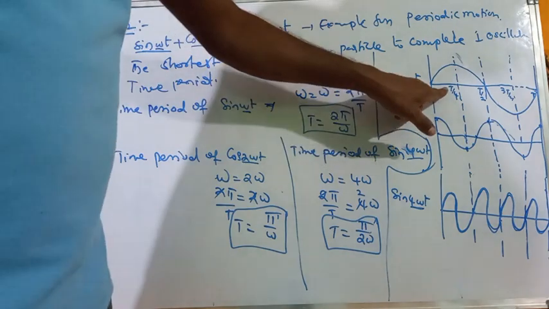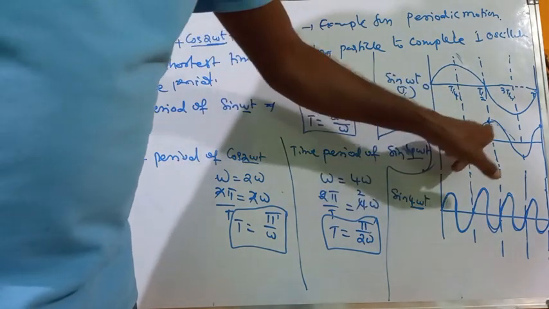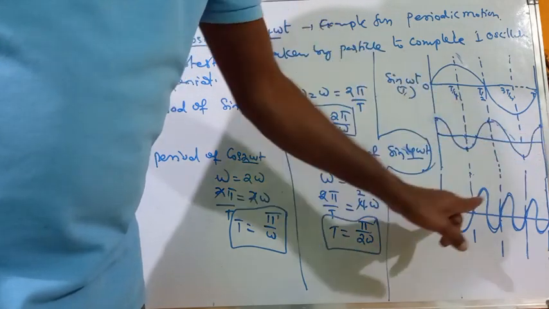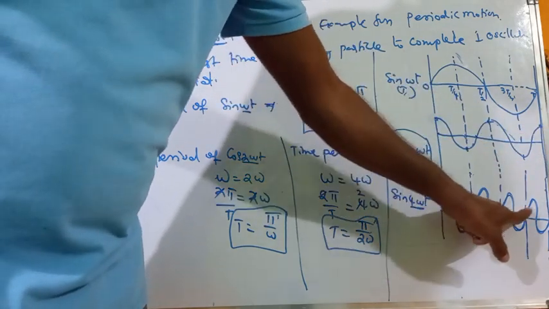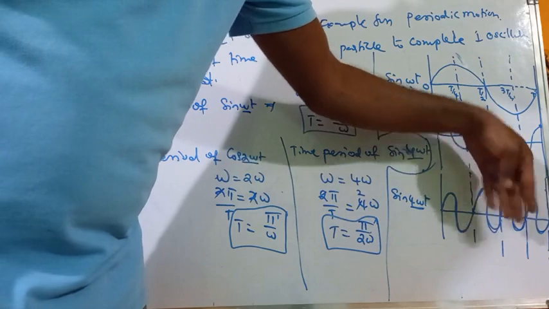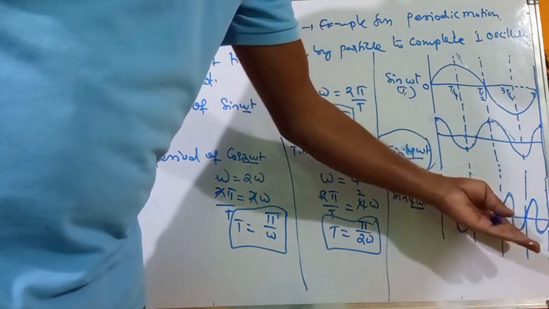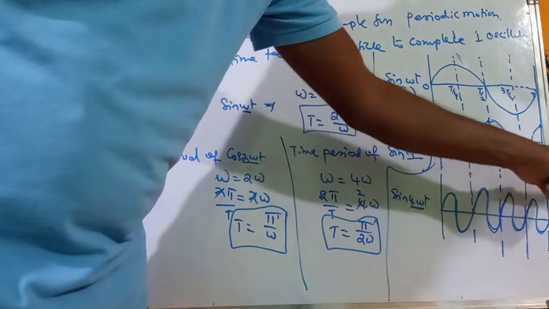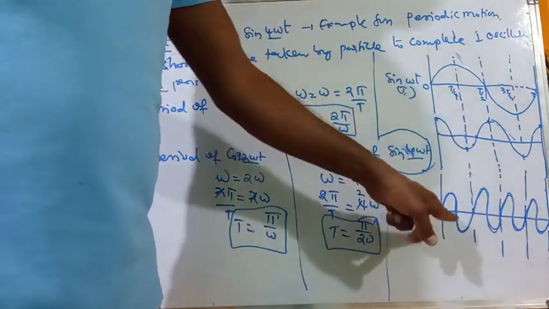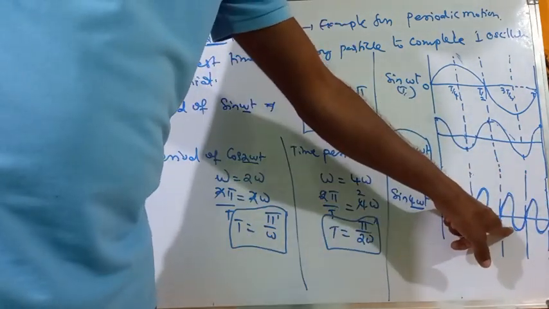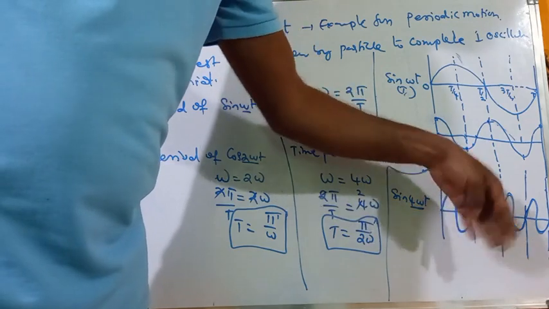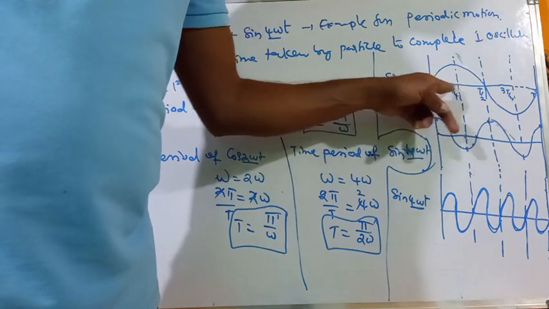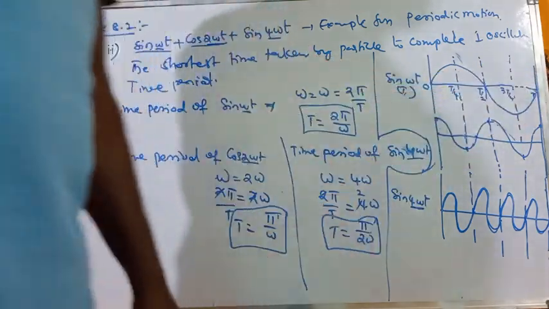After four cycles, it repeats its motion; after two cycles it repeats its motion; and after one cycle it repeats its motion.